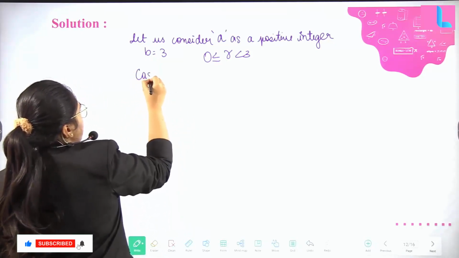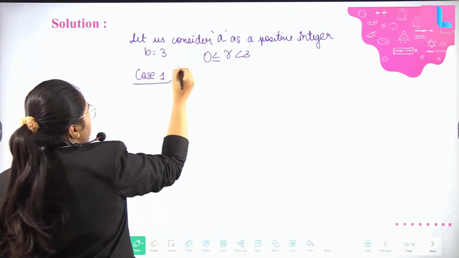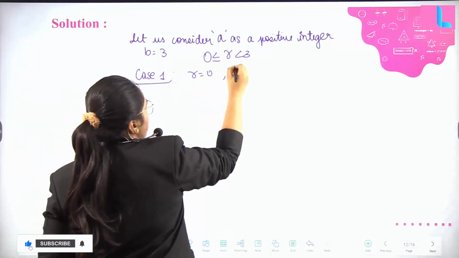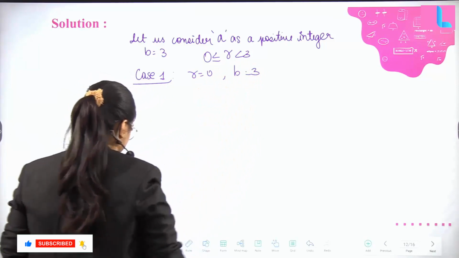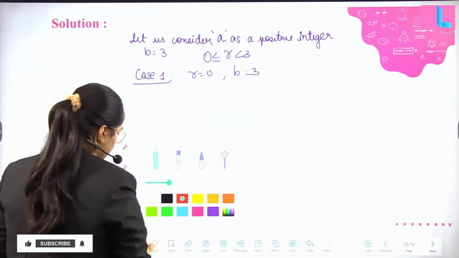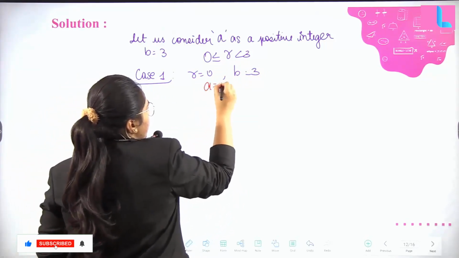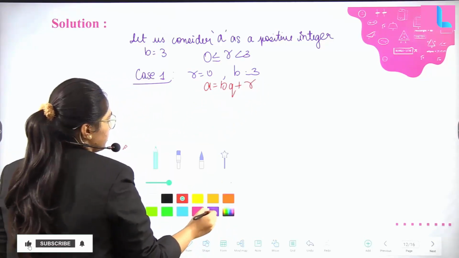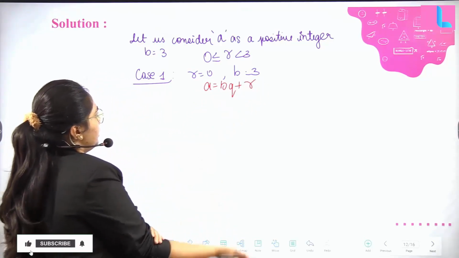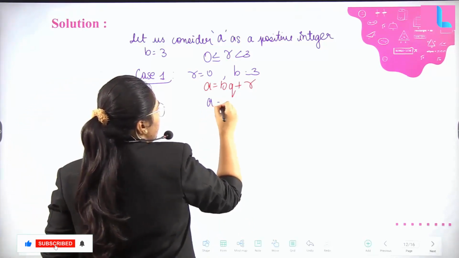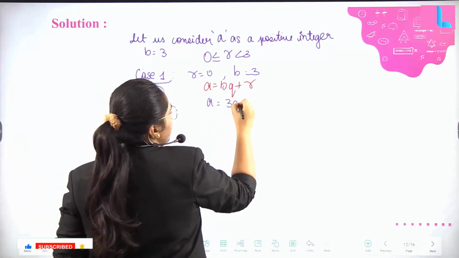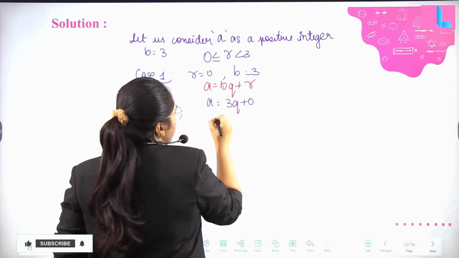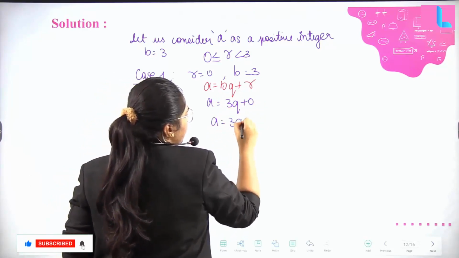Case 1, when r is equal to 0, b is equal to 3. What is Euclid's division algorithm? a is equal to bq plus r. So a is a, b is 3, q plus 0. a is equal to 3q.